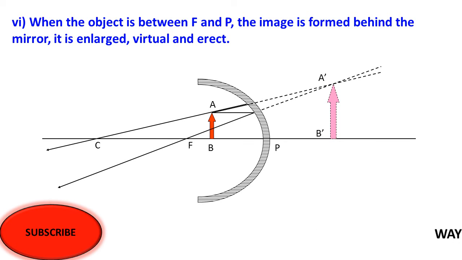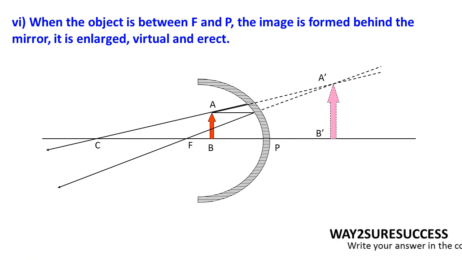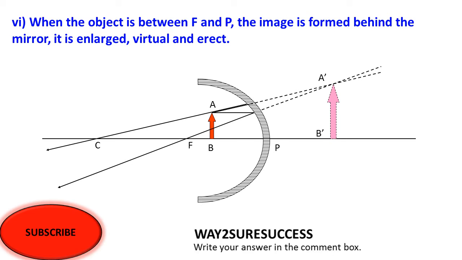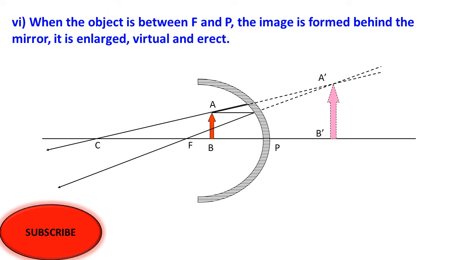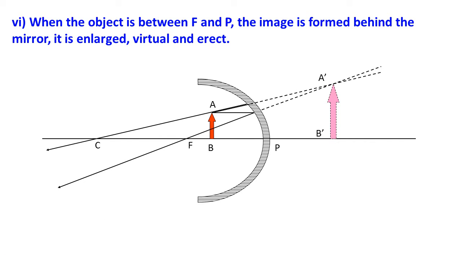Now if we extend them, they will coincide at a point beyond the mirror, that is behind the mirror, where the two reflected light rays are coinciding. There the image will be formed on the principal axis.